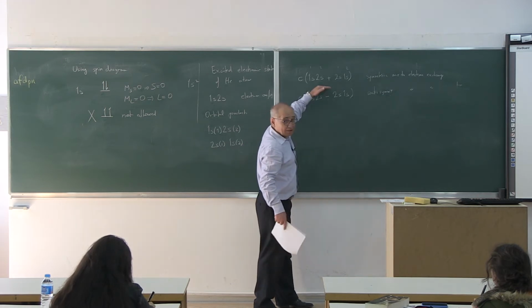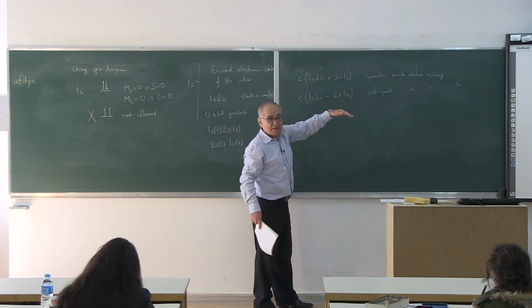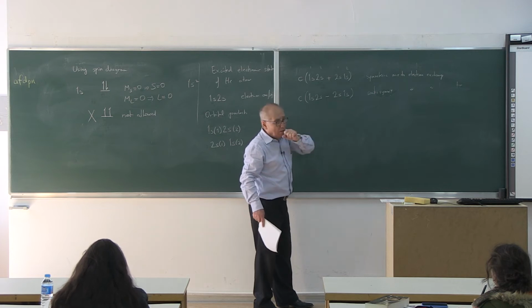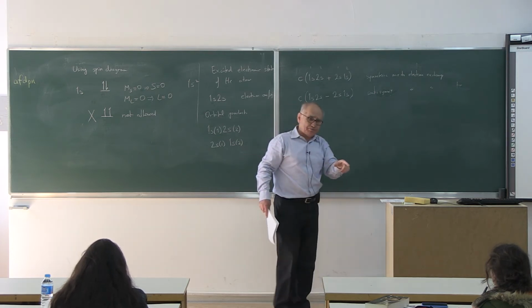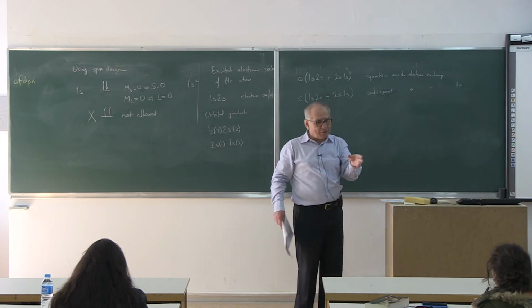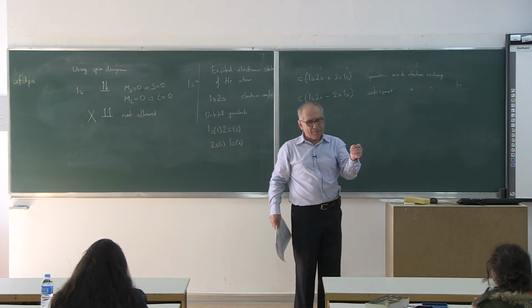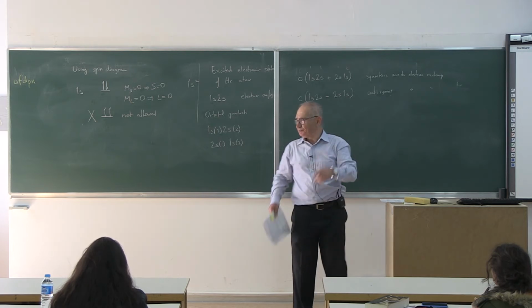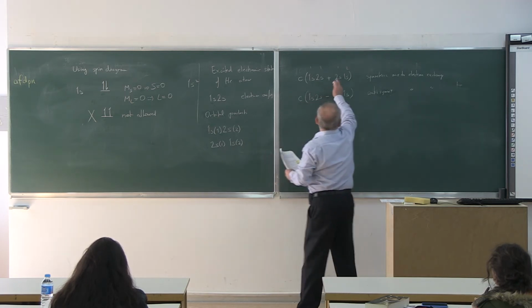If this is symmetric, we have to multiply it with an antisymmetric spin function. But the antisymmetric two-electron spin function corresponds to which S value? 0. It's a singlet.